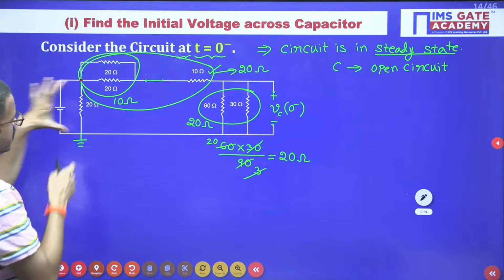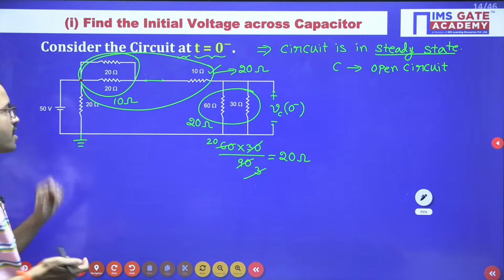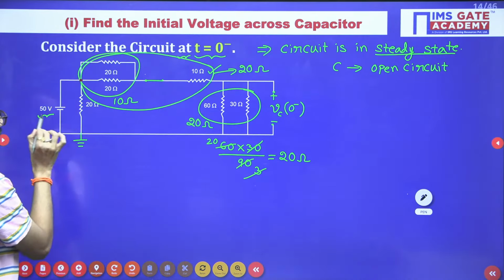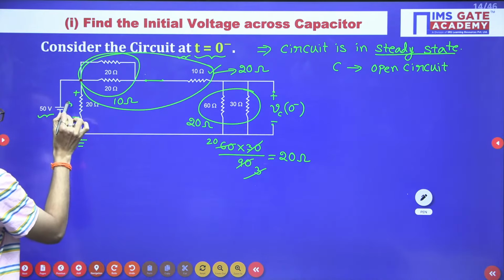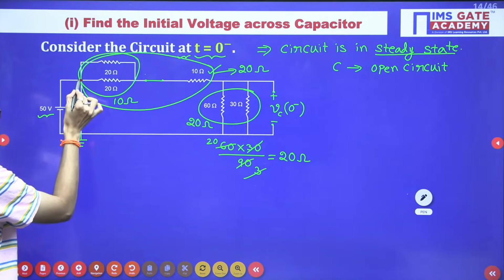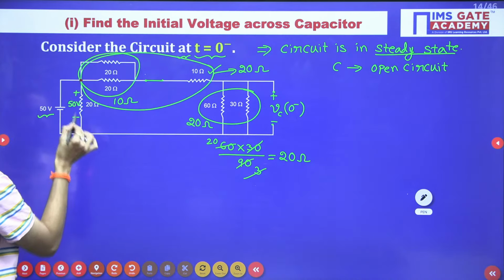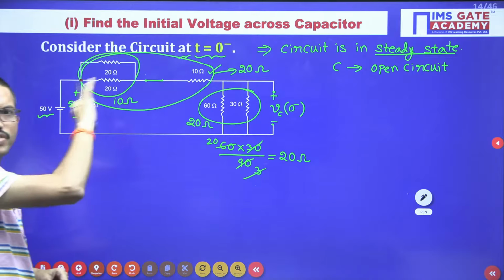See, here these two are connected in parallel. In parallel, voltage will be same. So since already you know the voltage source value 50 volt, obviously the voltage across 20 ohm also same 50 volt, and the voltage across this particular node with respect to ground same voltage 50 volt.